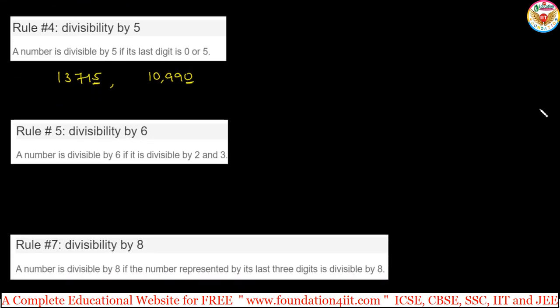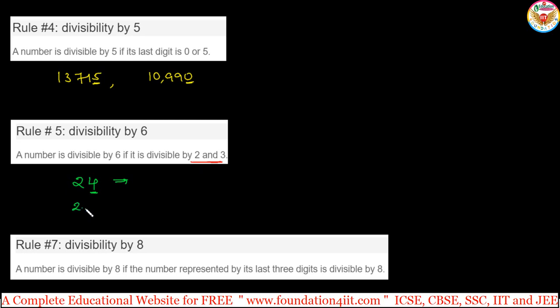Again, when is a number divisible by 6? The rule for 6 is that a number is divisible by 6 if it is divisible by both 2 and 3. Let us take an example, 24. According to the divisibility rule for 2, the units place must be even, and it is 4.